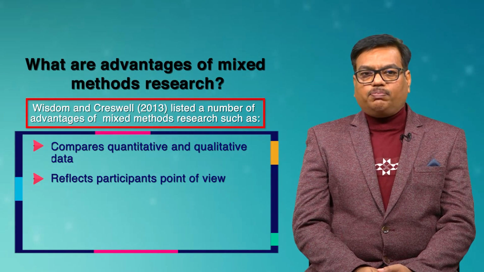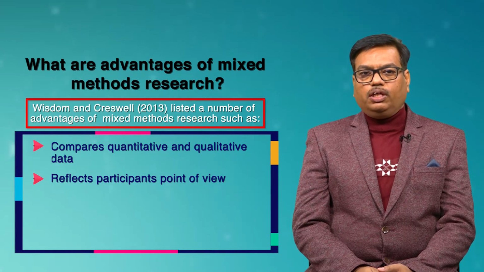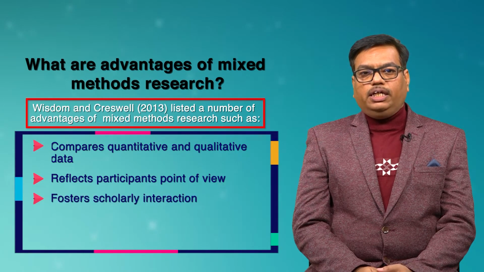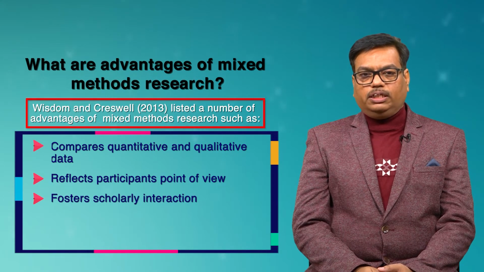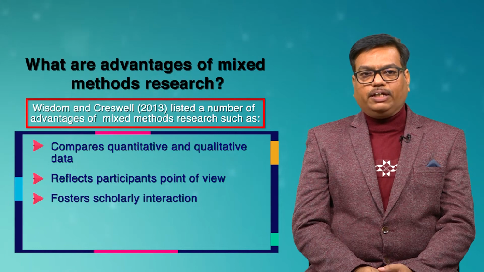So, reflection is important, and usually you are aware that a qualitative study helps us to get reflections of participants. So, reflection of participants you can record in mixed method research. Then it fosters scholarly interactions. During quantitative data, you usually provide a checklist or questionnaire to participants, they record their preferences and send it back to you.